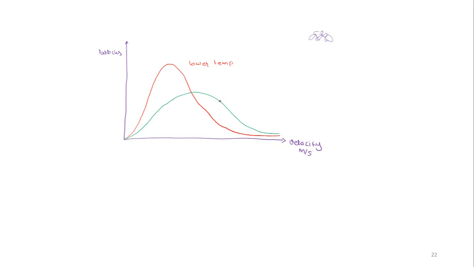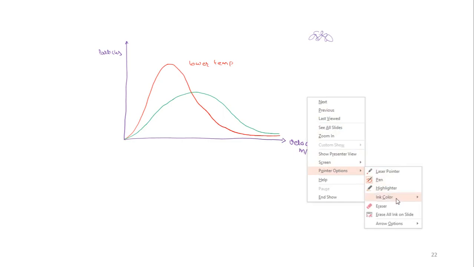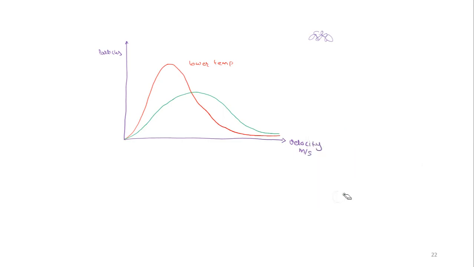Now let us try to understand why we have such a difference in the graph. The green graph is for higher temperature and the red graph is for the lower temperature.